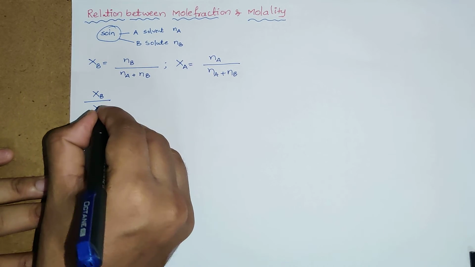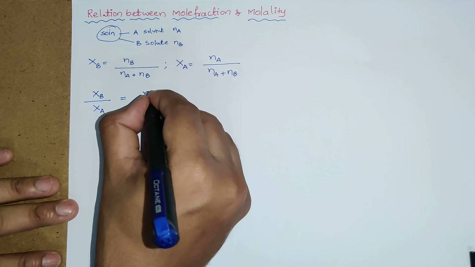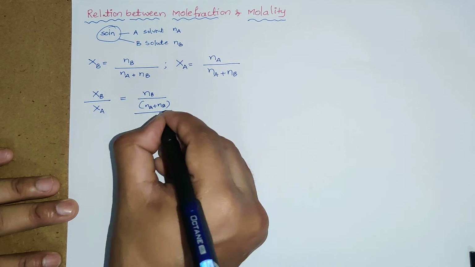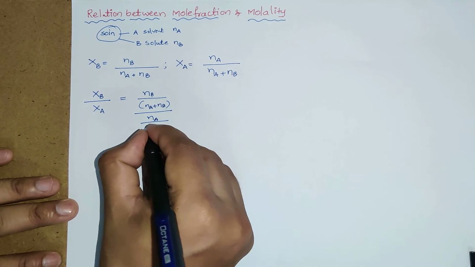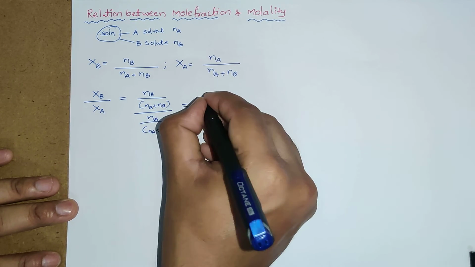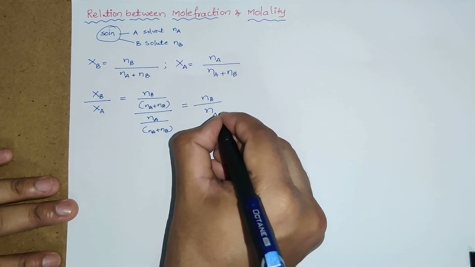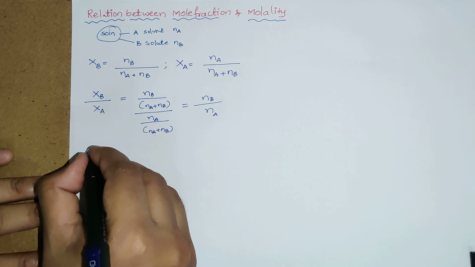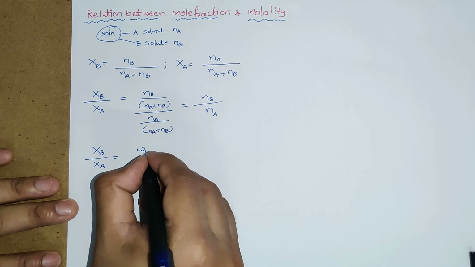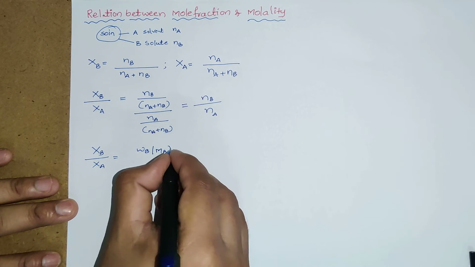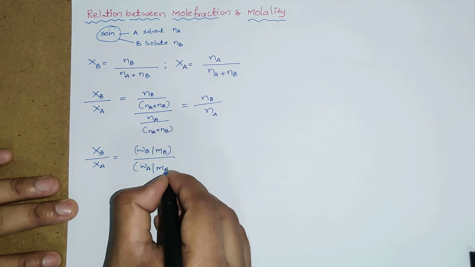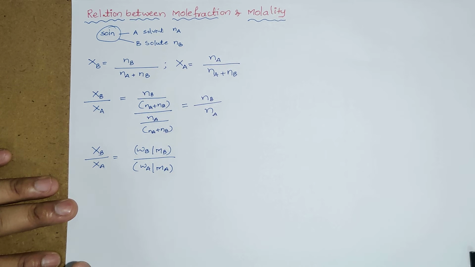Dividing Xb by Xa, then we get Nb by Na plus Nb, divided by Na by Na plus Nb. Na plus Nb cancels, then we get Nb by Na. Just expanding, Xb by Xa is equal to, Nb means weight of solute by molecular weight of solute, divided by weight of solvent by molecular weight of solvent.